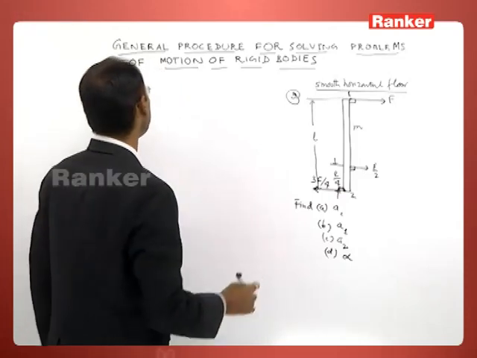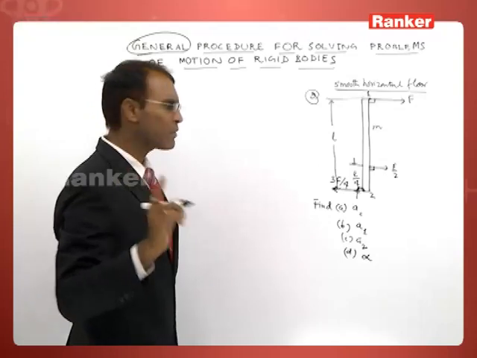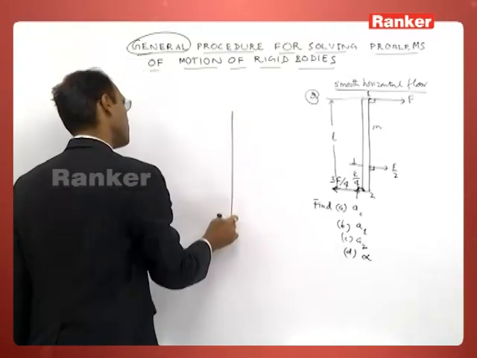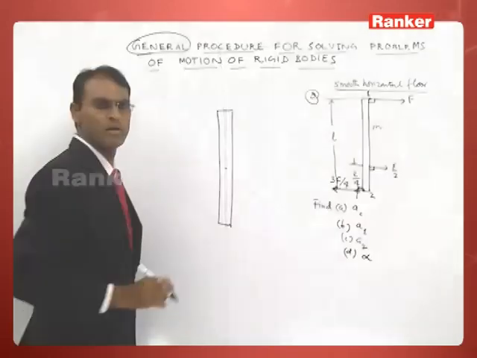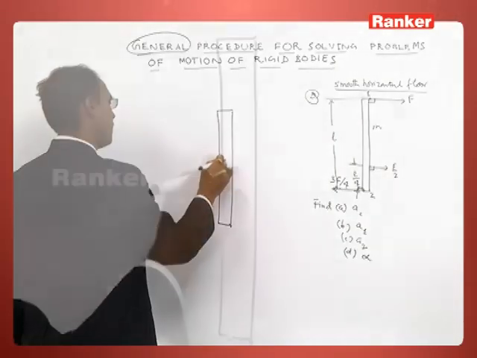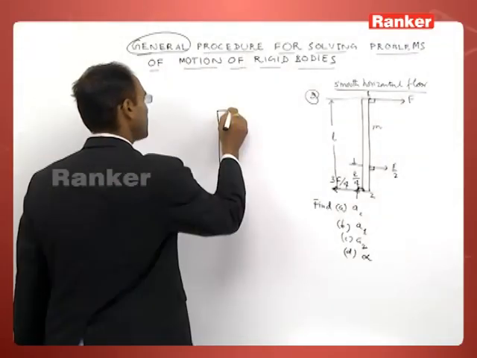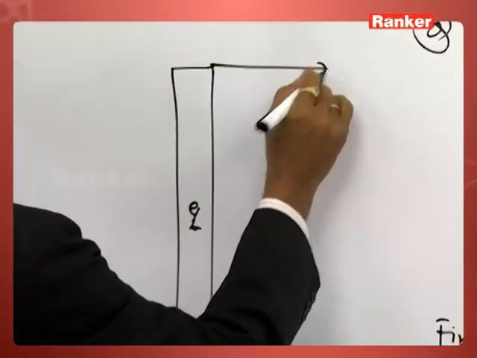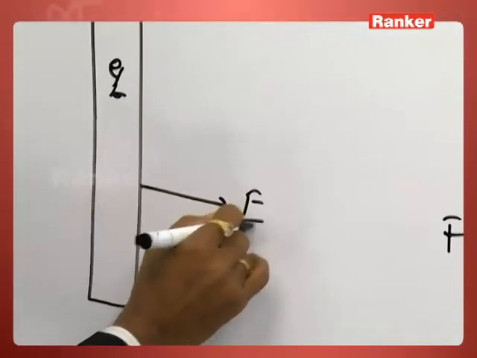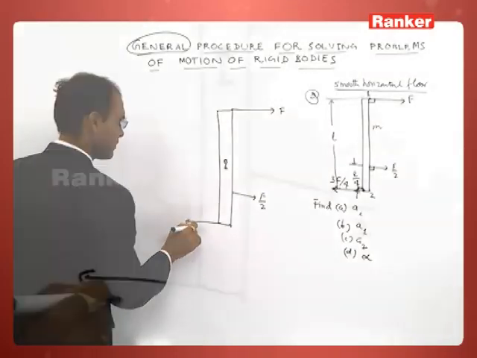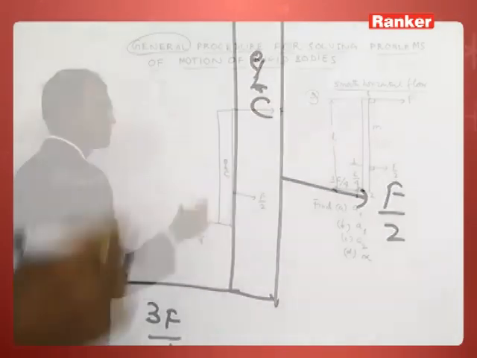Our procedure is the general procedure. General procedure means what? Sitting on the center of mass and calculating the torque of all forces with respect to the center of mass.